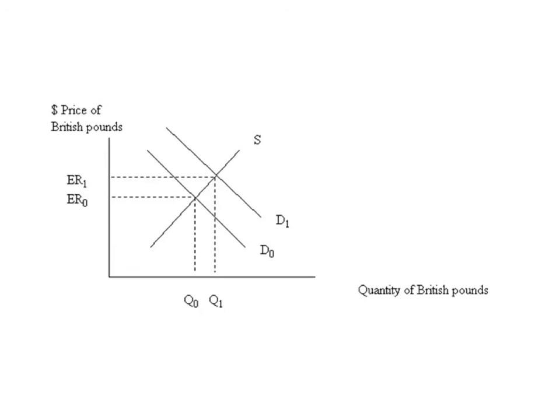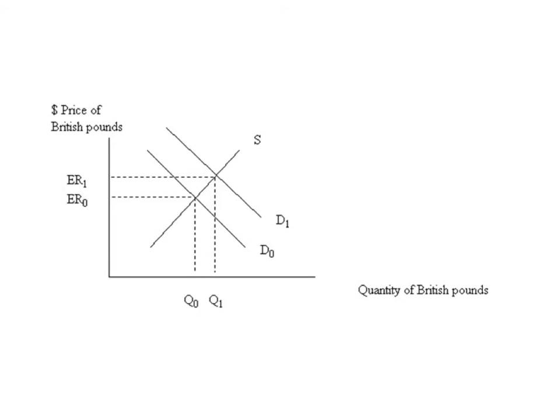This demand and supply diagram illustrates the wealth effect story I just told you. And what I'll do here is use British pounds as a representative of foreign currencies generally. So what you see here is an increase in financial wealth in the United States has caused United States investors to try to acquire more British financial assets.